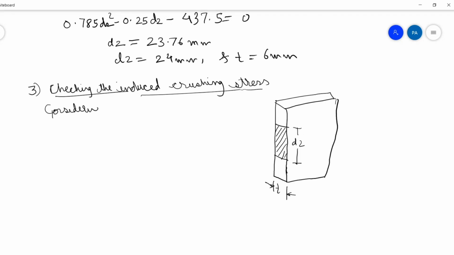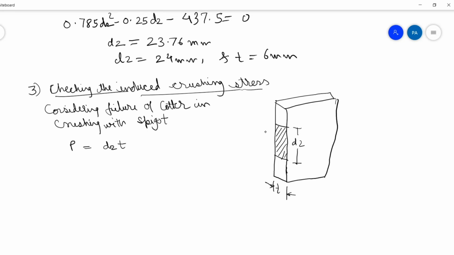Considering failure of cotter in crushing with spigot. So what is the formula? P equal to, what is the area? D2 into T, and stress is sigma C. So I will write here sigma C induced.